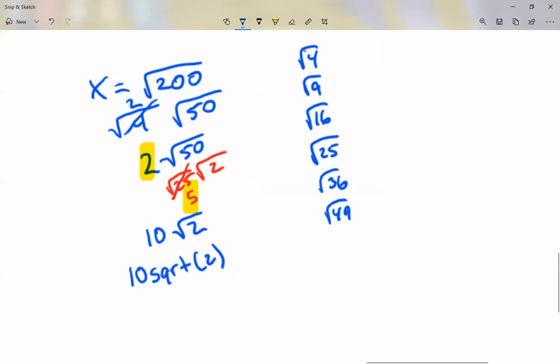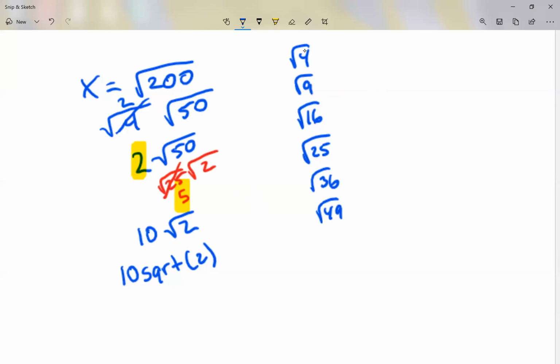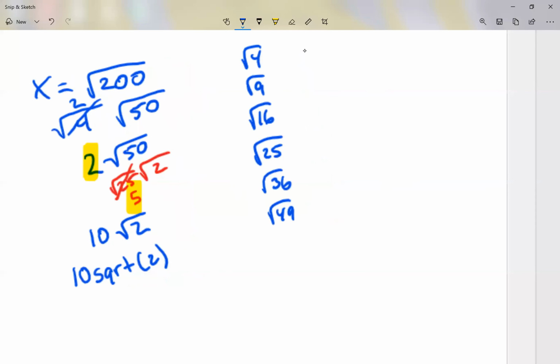Let me show you guys another example of how things might even simplify. Let's say I ask you guys the square root of 48. So these are extra examples. Square root of 48. I'm thinking, let me think of two numbers that multiplied equal 48, but one of them has to be from my perfect squares.